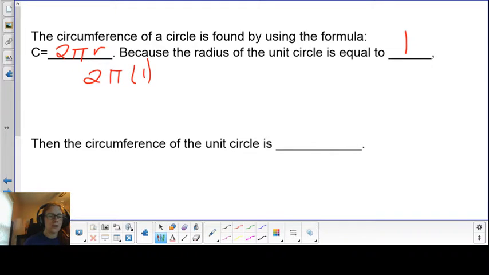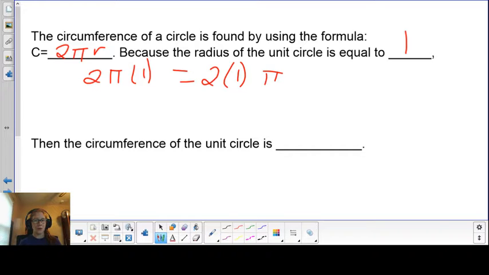We know that we like to leave things in terms of pi unless it specifically tells me to not leave it in terms of pi, or it'll tell me to simplify or round to the nearest number. Since I don't see anywhere in my directions that talks about rounding, I'm going to just leave everything in terms of pi. So that means that I can scooch over my 1 and put it next to my 2, because we know multiplication can be moved around. 3 times 4 times 2 is still the same thing as 2 times 4 times 3.